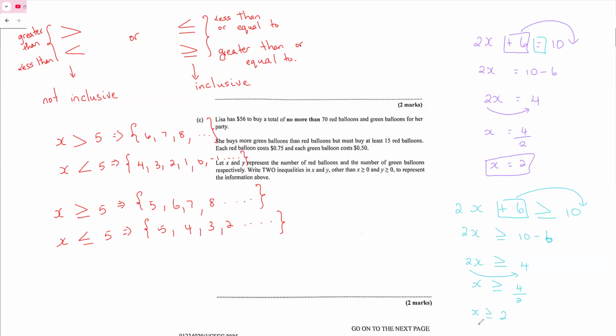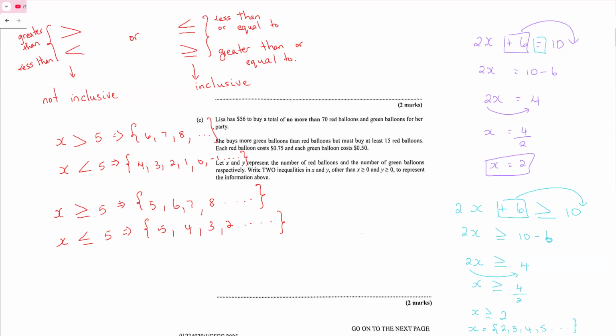So if they ask us to represent the solution as a set, then x is going to be from the set of numbers bigger than or equal to 2. So it could be 2, 3, 4, 5, and so on.